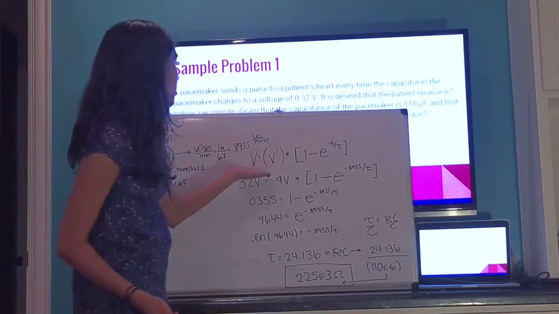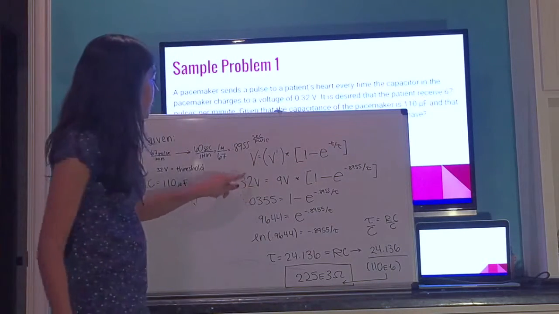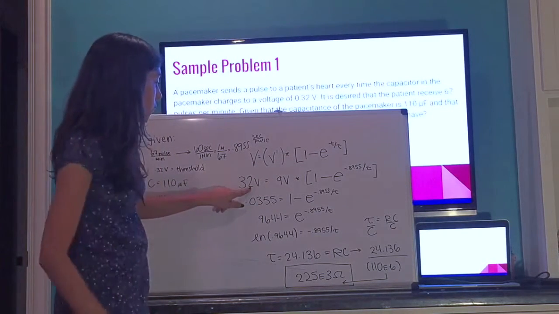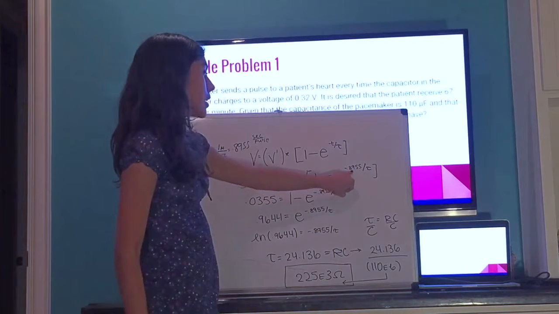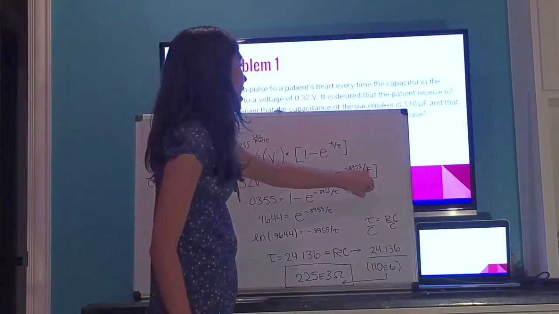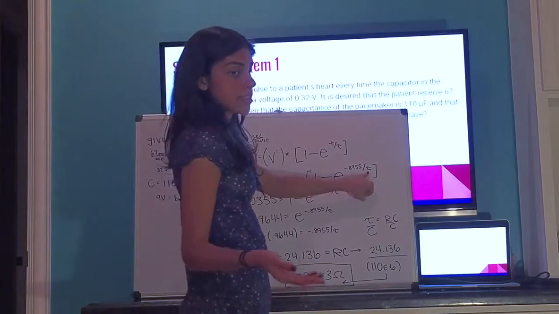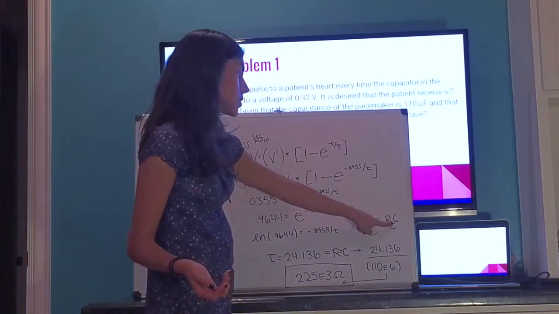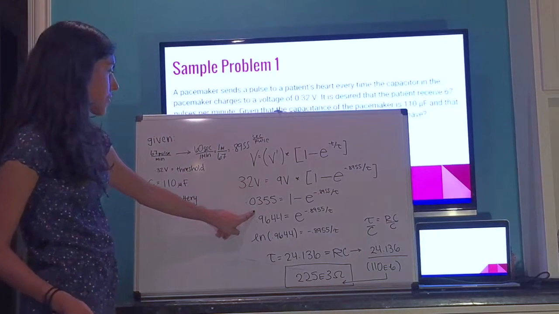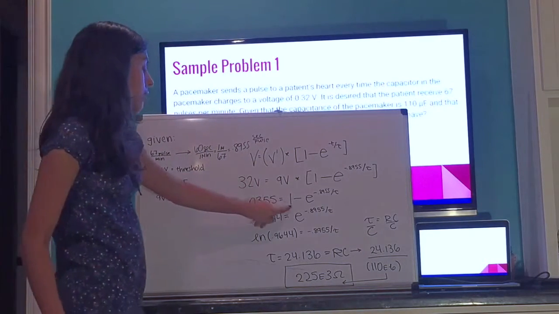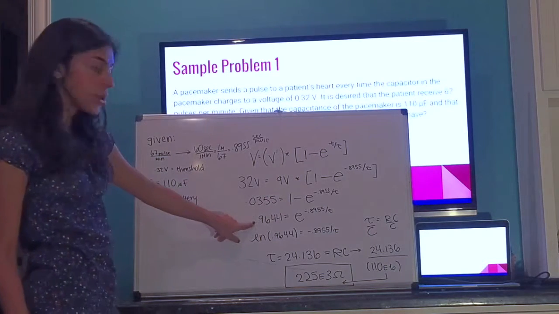So this is the formula we'll be using. Here we plug in the 0.32 threshold voltage, the 9 volts of the battery, 1 minus e to the negative 0.8955 seconds over the time constant, which is going to be equal to RC. So solving the problem, we're going to be dividing by 9 to get this value here. We subtract the 1 to get this value here.